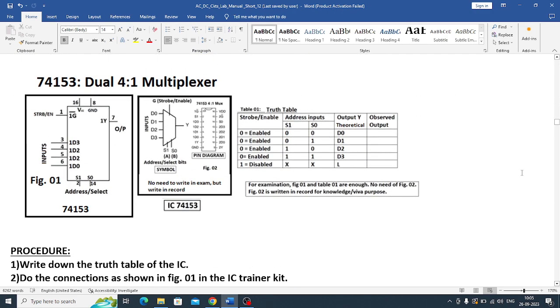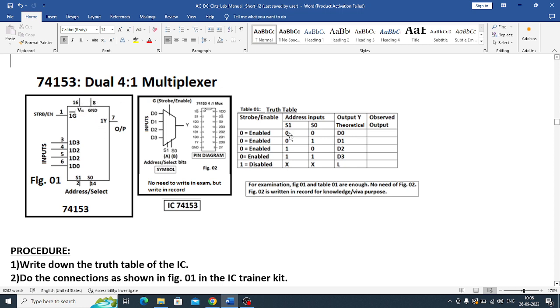I have shown here one part only, the first part. So 1G bar is the enable or strobe input, and the data inputs are 3, 4, 5, 6, that is 1D3 to 1D0. Address inputs are S1 and S0, pin numbers 2 and 16. Output is 1Y, pin number 7, plus VCC and ground.